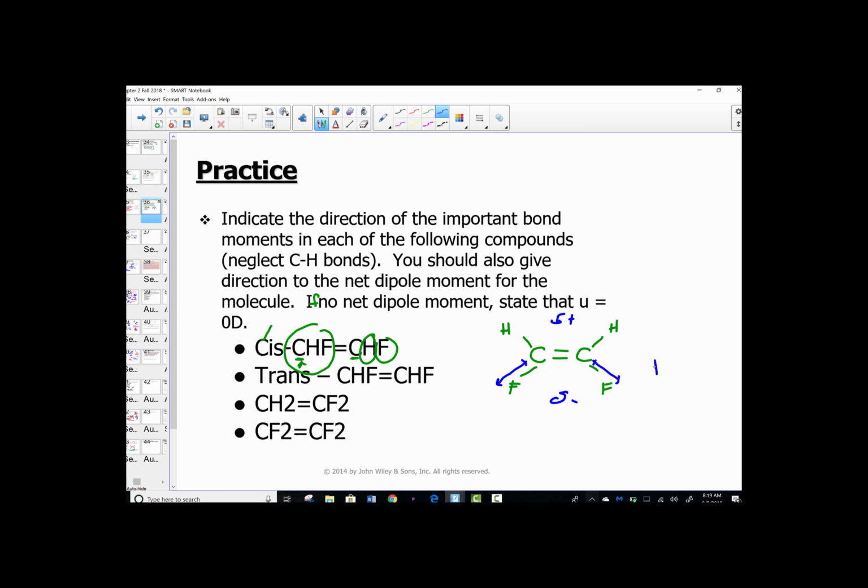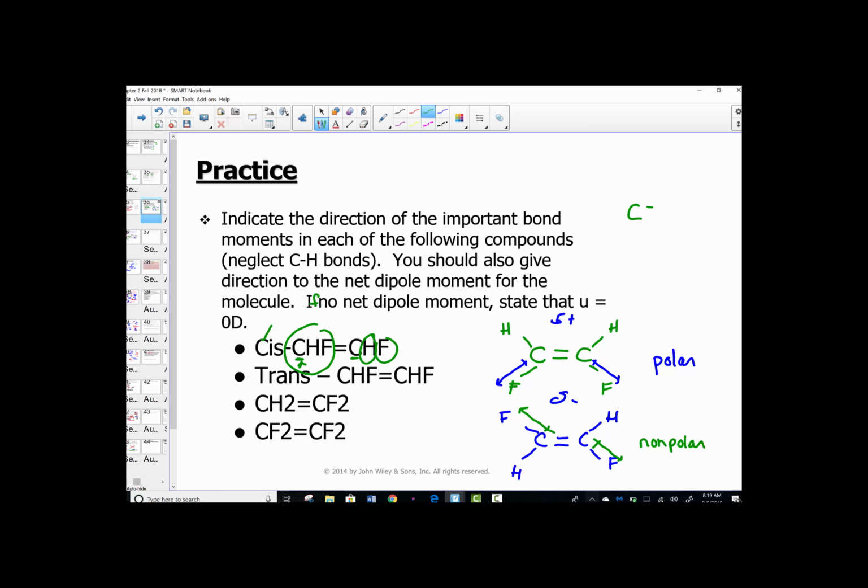Therefore, this molecule is indeed polar. If we rearrange that configuration to show the trans, the dipole moments cancel one another. You would see a dipole moment being pulled in this direction. That's the vector quantity. You would see the dipole moment being pulled in the opposite direction. Equal but opposite, they cancel each other. Therefore, that's a nonpolar molecule.